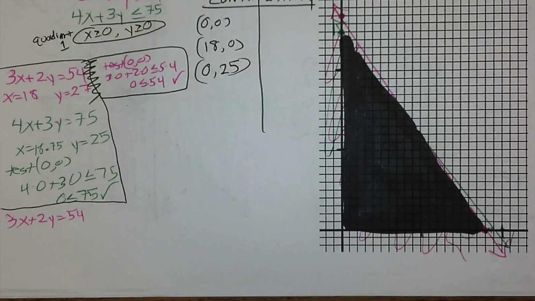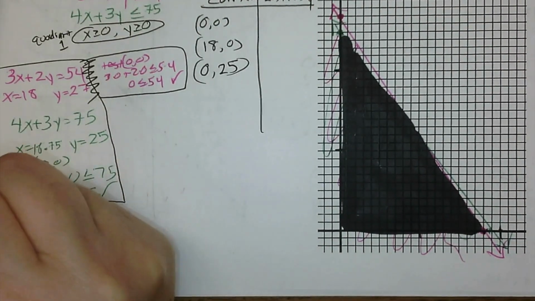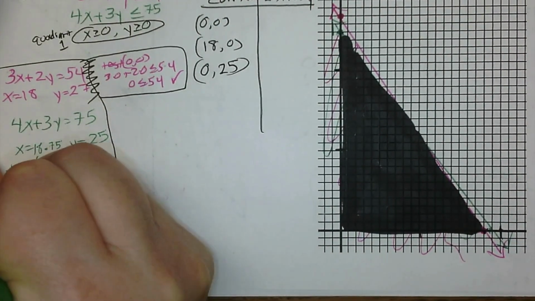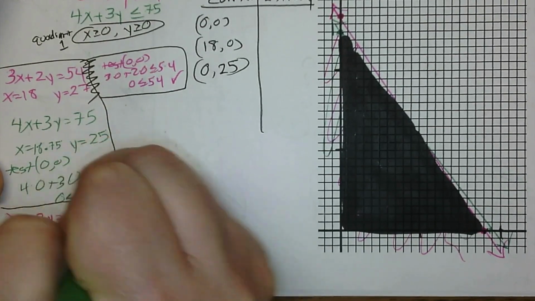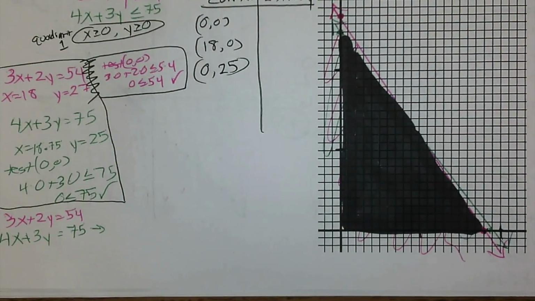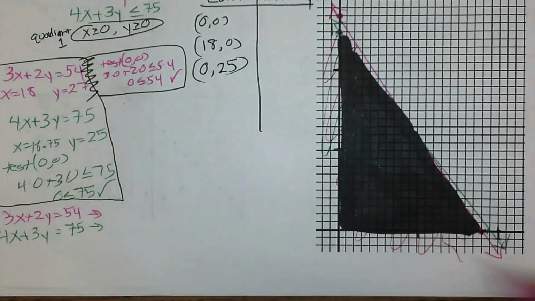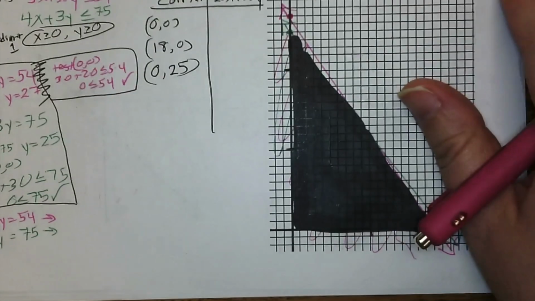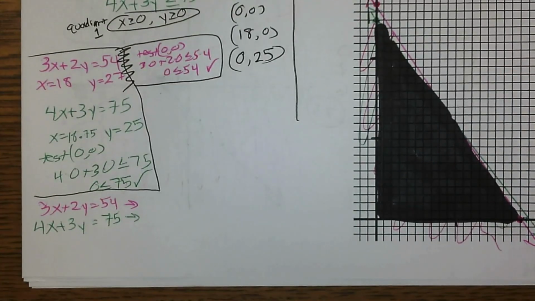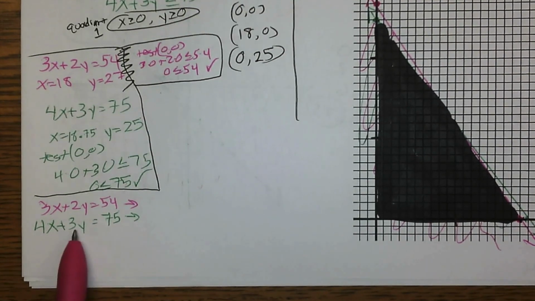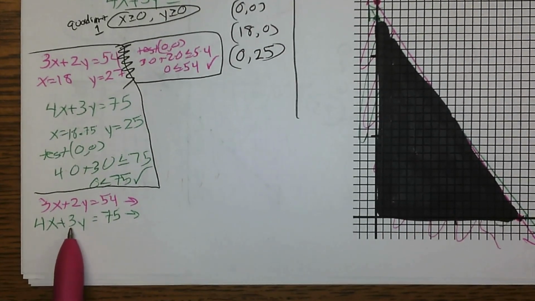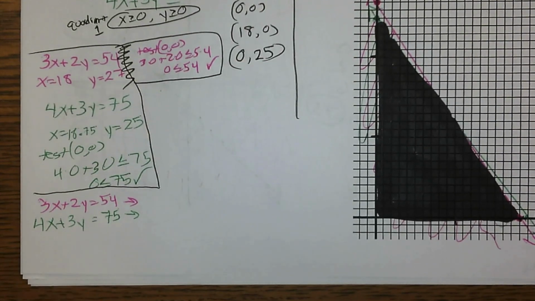And our green, 4x plus 3y equals 75. Well, that is unfortunate. Nothing's going to immediately cancel. So we need to get common coefficients or opposite coefficients ideally. I think getting rid of the y will have smaller numbers that we're multiplying by.